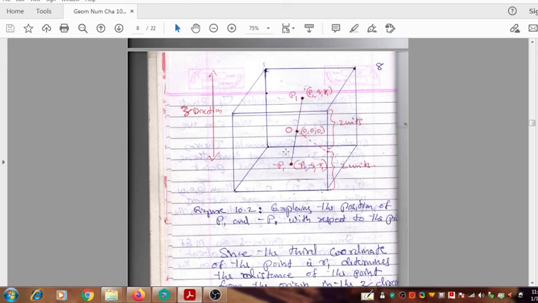What is the range in the z direction? The range in the z direction is from +2 to -2, because the prism has a top face which passes through the point z equal to 2.